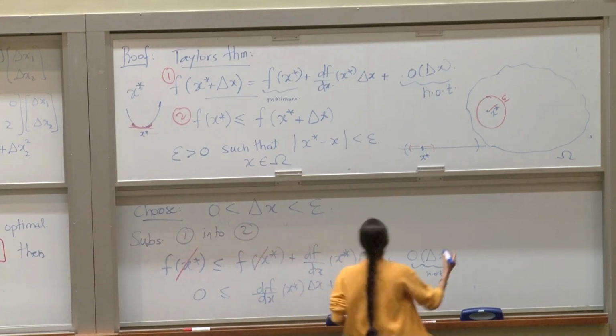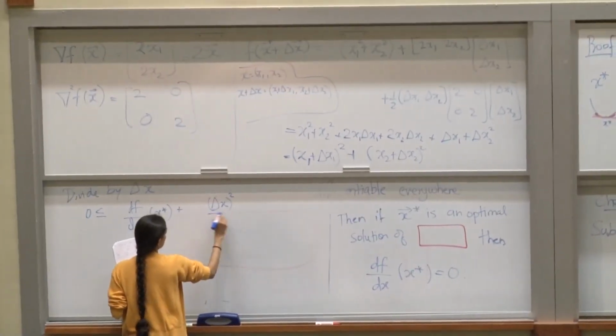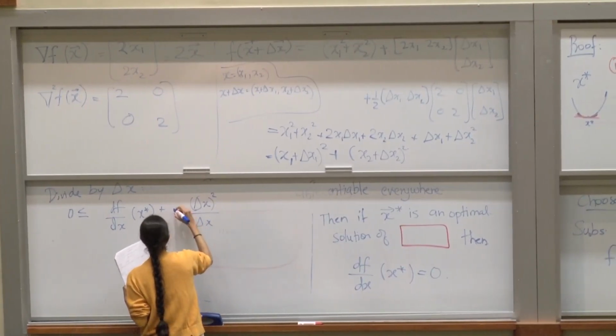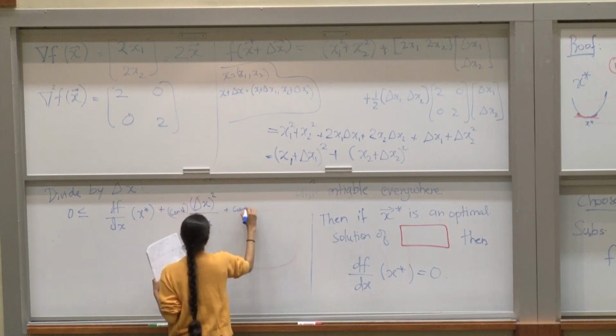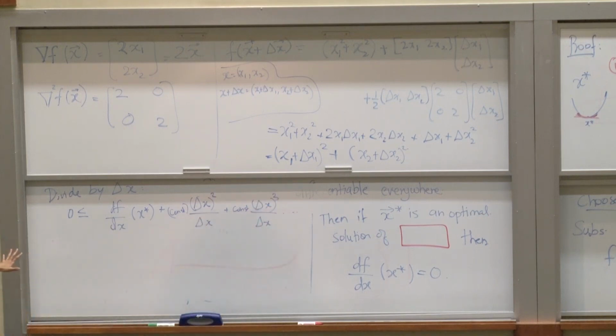When I divide by delta x, I get 0 is less than or equal to df by dx at x star plus these things that are basically things like delta x squared divided by delta x, or some constant times this, plus some constant times delta x cubed divided by delta x, and so on and so forth.